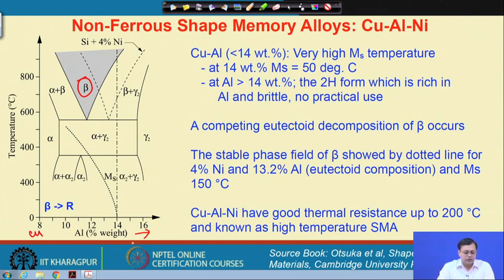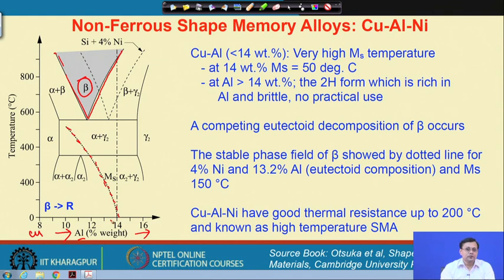Please consider the beta phase field to be the dark region only, and the martensitic transformation temperature varies with the aluminum content. The MS temperature is shown here. This means if we increase aluminum content, then the MS temperature decreases very fast.